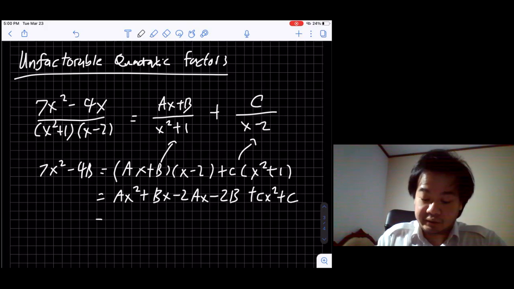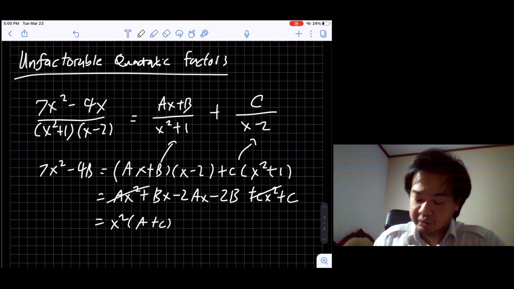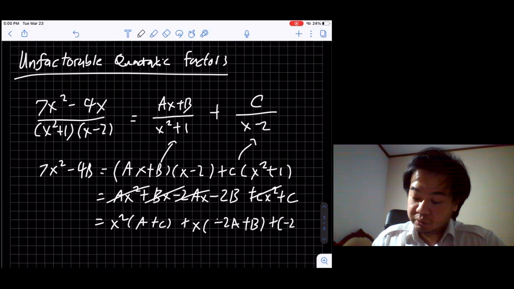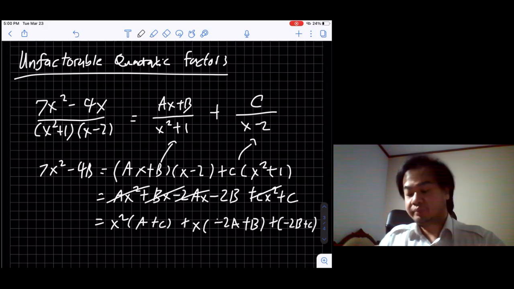Then for the x squared, I have a plus c, for the x, I have minus 2a plus b, and the constant is negative 2b plus c.